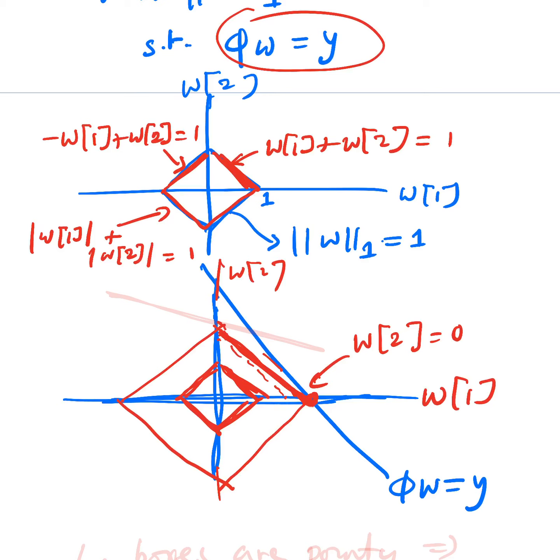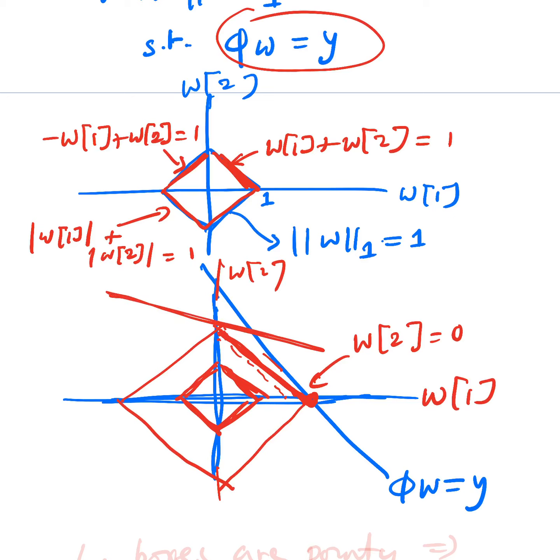So for pretty much every line, as you grow these slanted boxes, you will hit the line at a corner point, where one of the coefficients will be 0, right? You can see that the same is true for some line like this. It'll also hit you at a corner of the thing.